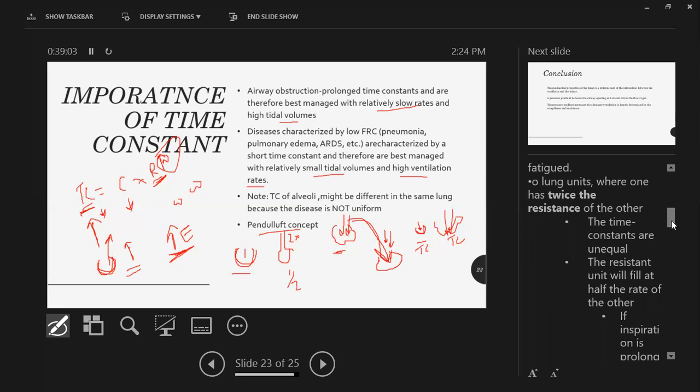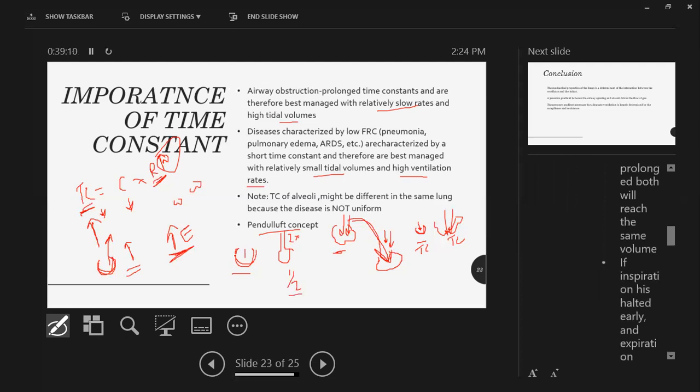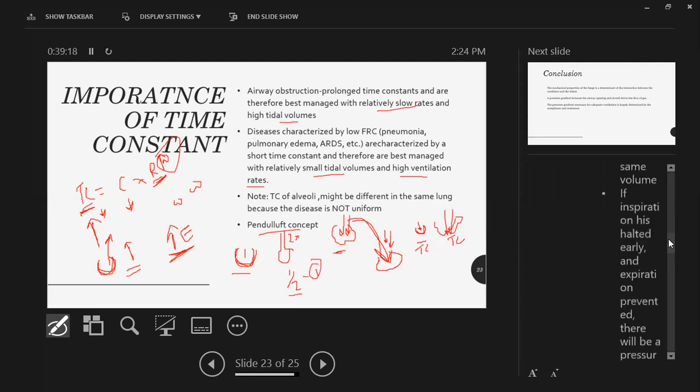Okay. So what happens? If inspiration is prolonged, then this will also be able to fill as much as the first normal alveoli. Correct? But if inspiration is stopped early, what happens? And expiration is not happening properly, this one will empty well, because this does not require any special measures in terms of time of ventilation.